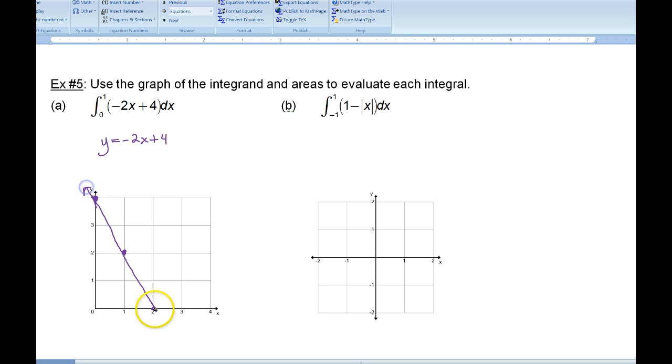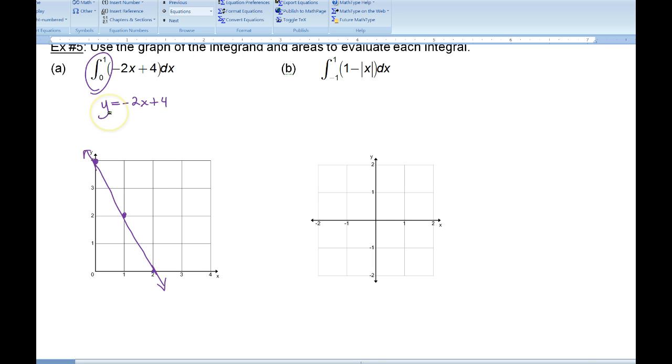I just want to look at from 0 to 1. I don't worry about this little triangular region because that goes to 2. I just want the area under the curve of this line between 0 and 1.